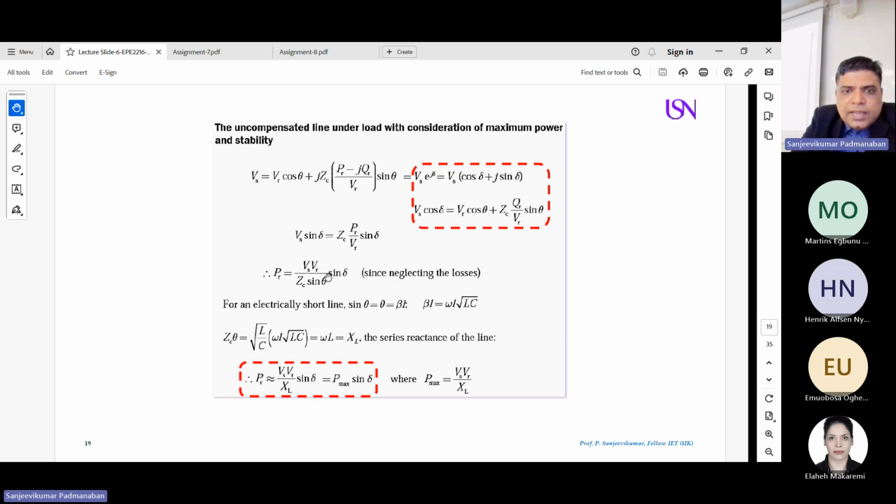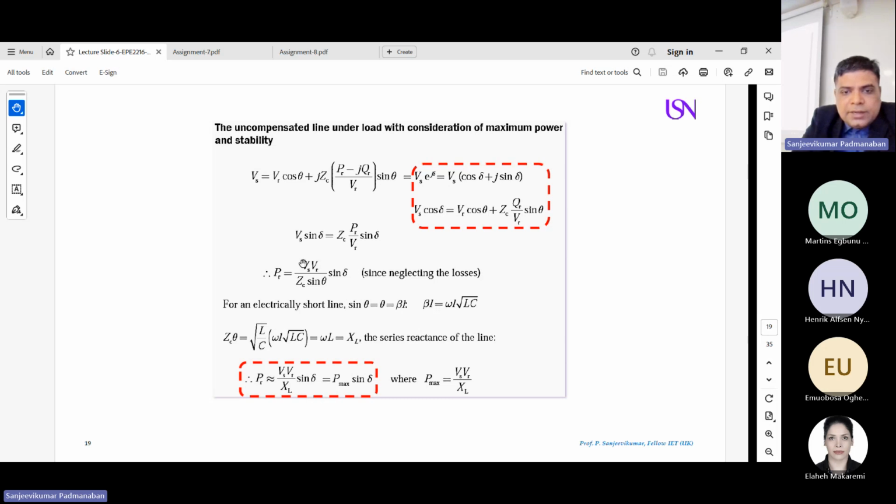From this equation, I can calculate my receiving end power. The receiving end power is given by sending end voltage into receiving end voltage divided by Zc into sine theta into sine delta. If you neglect all the losses, this is the formula for calculating your receiving end power.